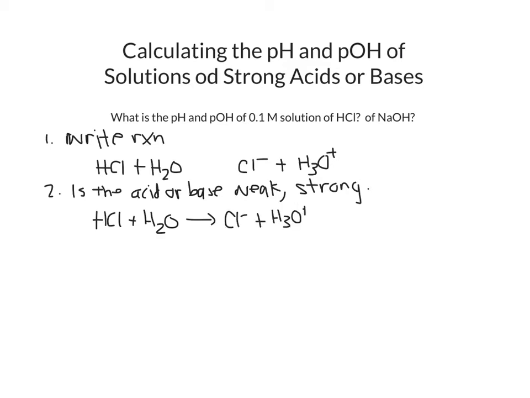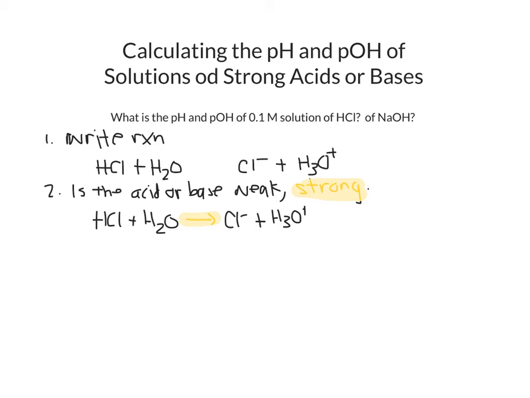And so when we have a strong acid, we are going to treat this as a stoichiometric problem, and we're not going to worry about equilibrium because this reaction goes to completion.